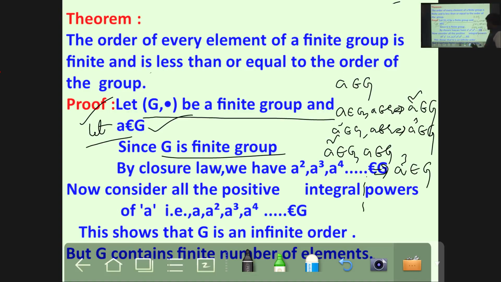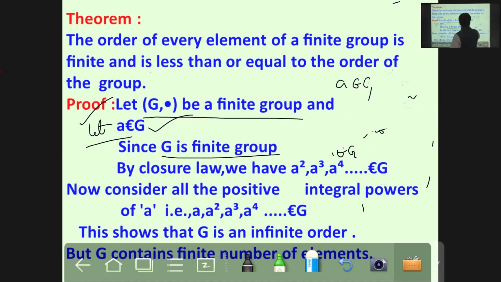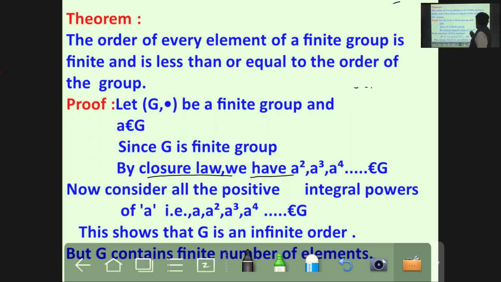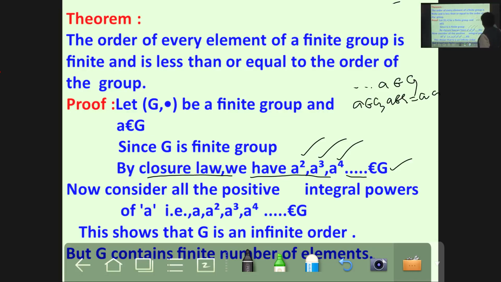Understand? I repeat once again. By closure law, we have a squared, a cubed, a to the power 4 and so on, all belong to G, because a belongs to G. Take a belongs to G and a belongs to G, that is a times a equals a squared, which belongs to G by the closure property.